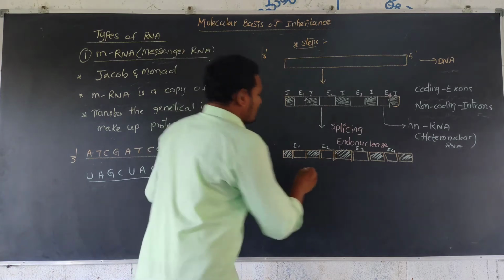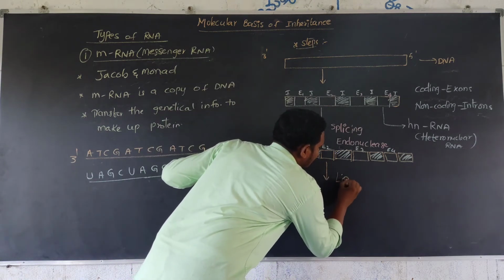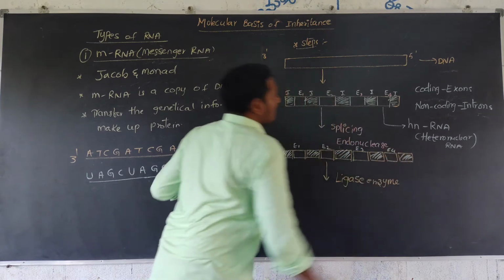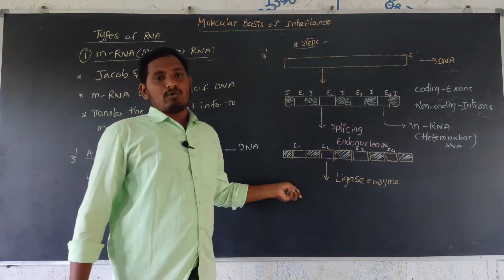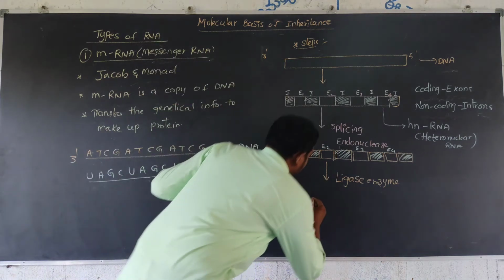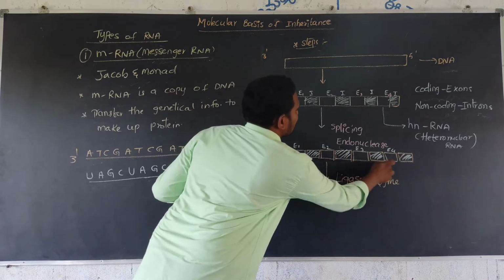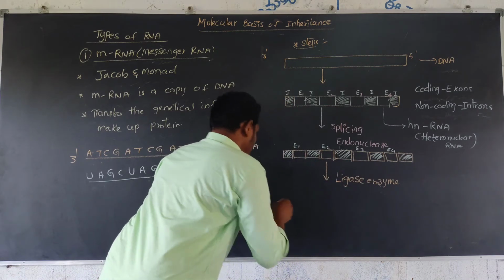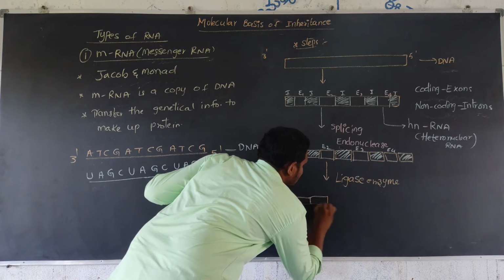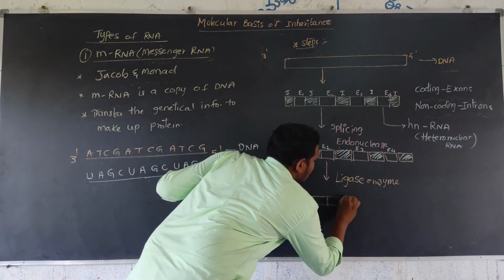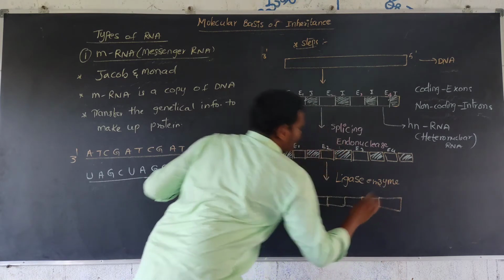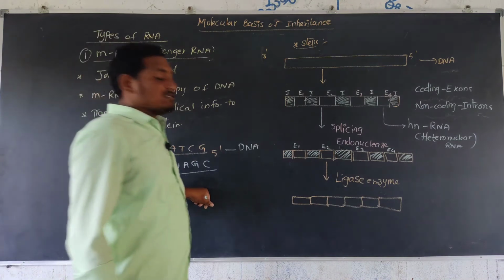Then the ligase enzyme helps to bind only the coding part. The coding part only will be bound by the ligase enzyme. So 1, 2, 3, 4. So this is an exon and one more exon, one more exon. All exons are joined.